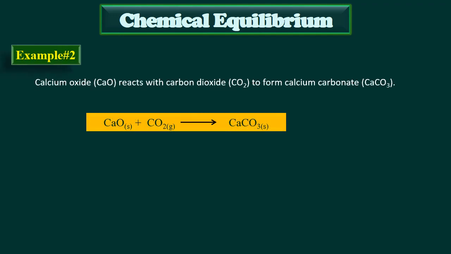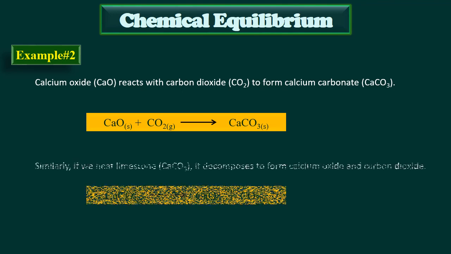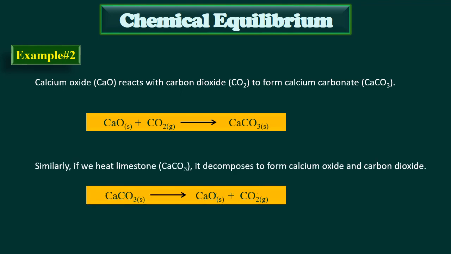Calcium oxide reacts with carbon dioxide to form calcium carbonate. Similarly, if we heat calcium carbonate or limestone, it decomposes to form calcium oxide and carbon dioxide. So first reaction is combination, while second is a decomposition one.